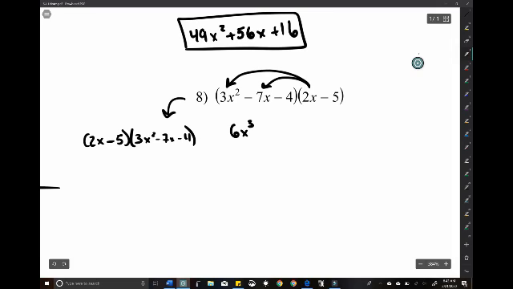Then to the negative 7, minus 14x squared. And then to the minus 4, minus 8x. And then repeat. Negative 5 times 3 is negative 15x squared, plus 35x. Be careful with the negatives, multiplying two negatives together, and plus 20.